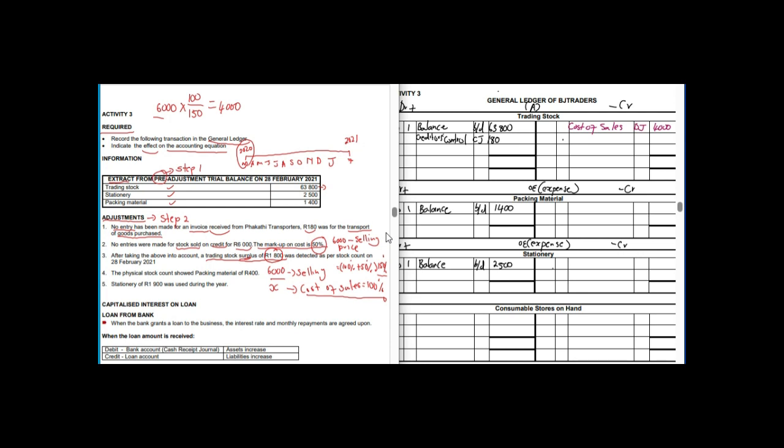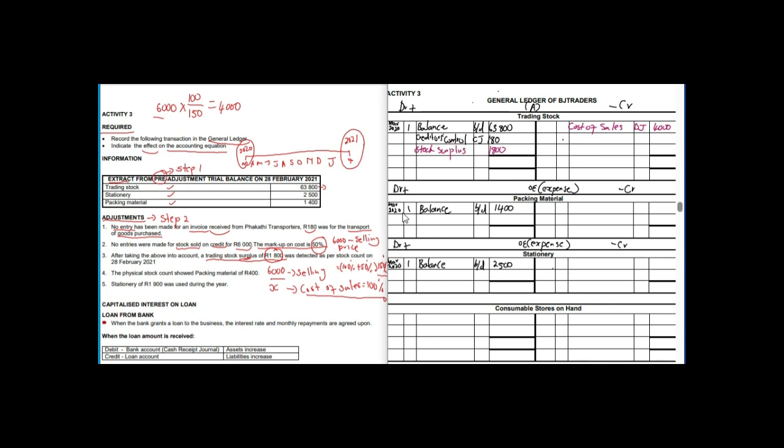The 1,800 was detected as per stock count on the 28th of February, meaning at the end of our financial year we discovered that we had a surplus of 1,800. Then we need to record it, meaning we have more stock than we expected, of 1,800. And it's a stock surplus.